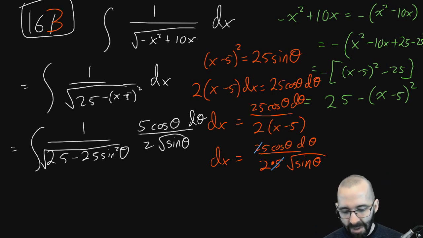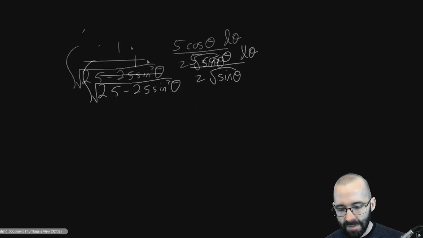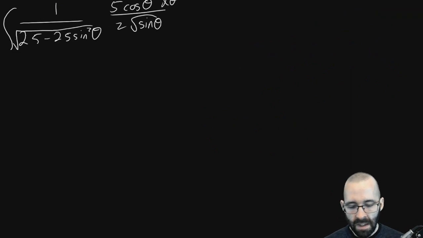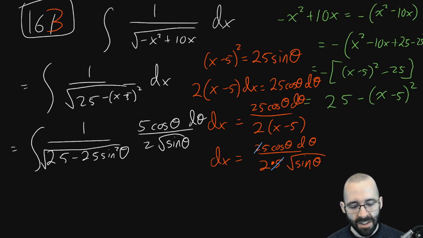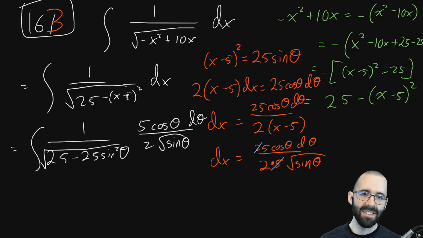So let's simplify that square root off to the side. All right, the square root of 25 minus 25 sine squared theta. Just 5 times the square root of cosine squared of theta. Just 5 absolute value of cosine of theta. And what does our domain and range look like? Ooh, that's maybe a little harder.